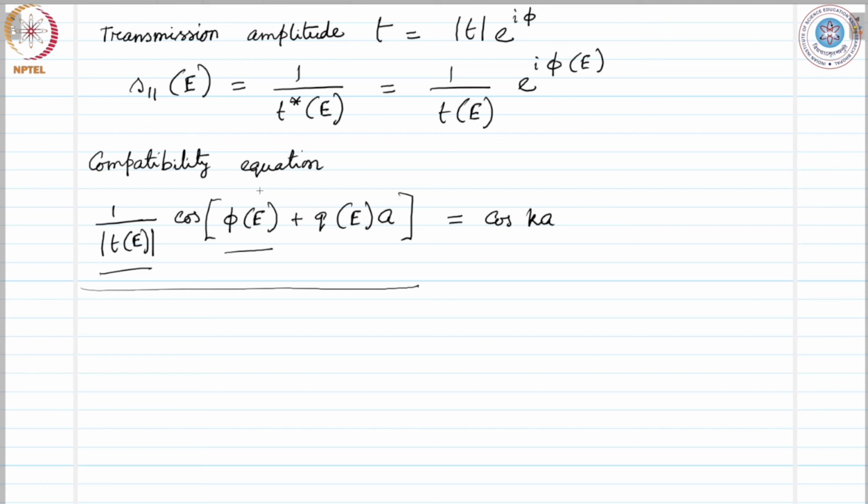So, it is important to analyze the band structure produced by the periodic array of barriers from the point of view of electron tunneling.